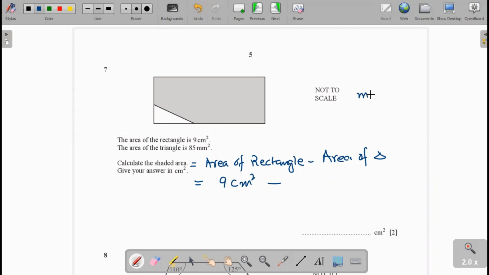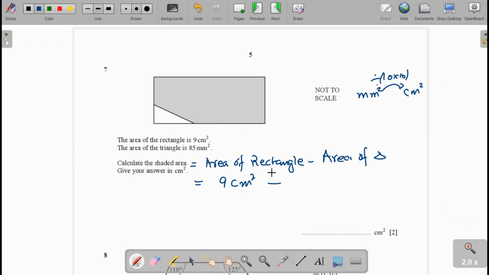Now you know very well the millimeter and centimeter relationship is 10. When you convert from millimeter to centimeter, you divide by 10. When you convert millimeter square into centimeter square, you divide by 10 times 10, which means 100.